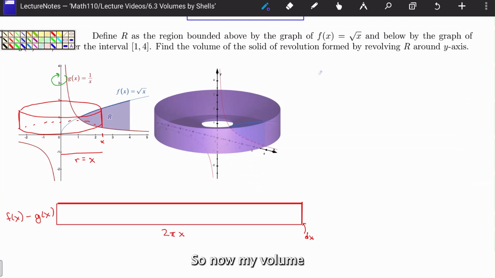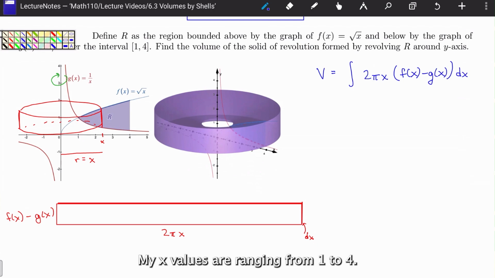So now my volume is going to be the integral of 2 pi x times f of x minus g of x times dx. My x values are ranging from 1 to 4.